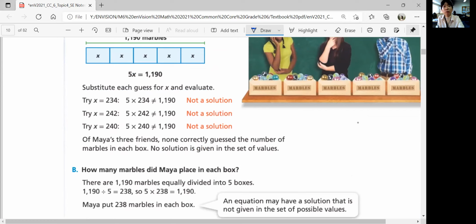To check, 5 times 238 is 1,190. So she put 238 marbles in each box. So the equation may have a solution that's not given in the set of possible values, which means if you keep putting in numbers and it doesn't make sense, that is not a solution for the equation.